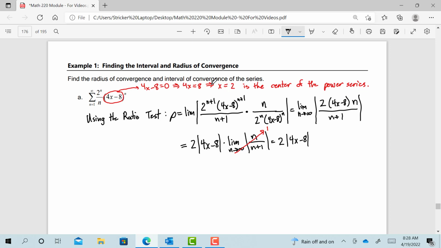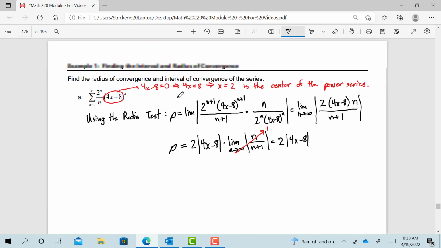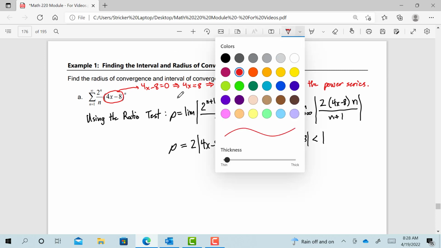We can't go really any farther than this, but one thing we do know about the ratio test is that it will only converge when the value of rho, remember this was what rho was, is less than 1, not less than or equal to, just less than 1. So let's make a little note of that.